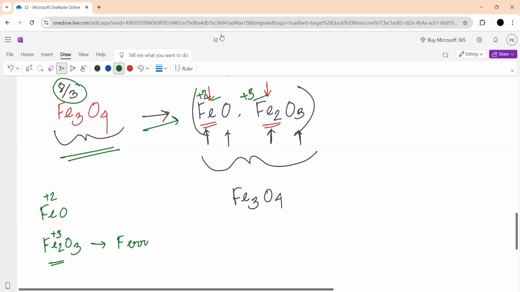Ferrum is the name for iron, that is where Fe came from. So we call it ferric oxide, and FeO we call ferrous oxide.